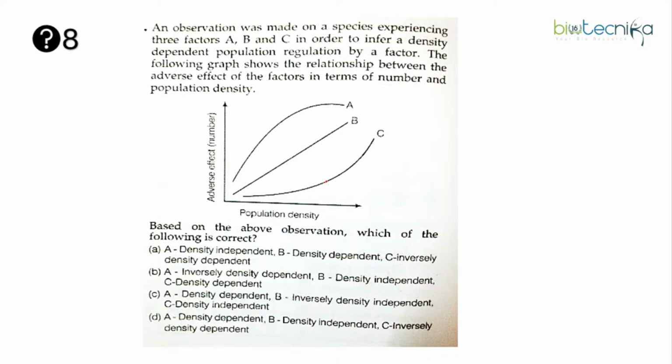So they are saying that an observation was made on a species experiencing three factors, A, B, and C, in order to infer a density dependent population regulation by a factor. The following graph shows the relationship between the adverse effect of the factors in terms of number and population density. Based on the above observation, which of the following is correct?